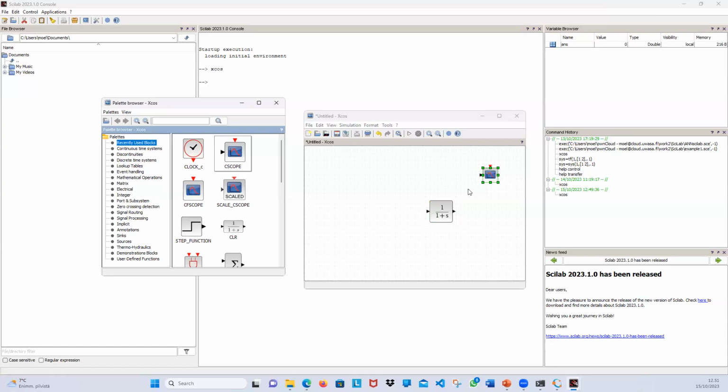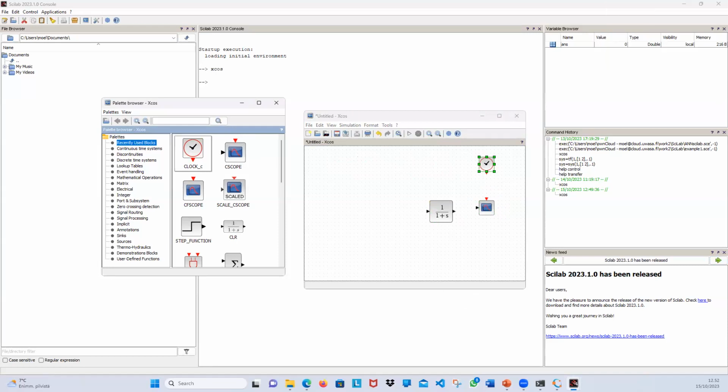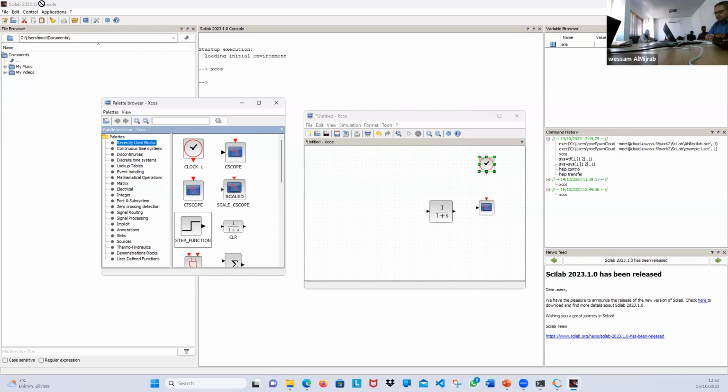Yeah, and with the mouse, you can have a clock for the oscilloscope. You might have, for example, a step function. Just a minute.